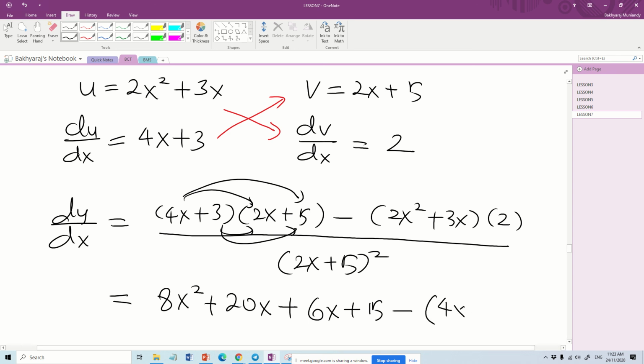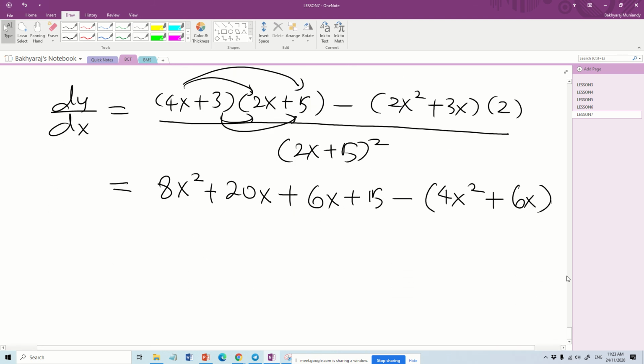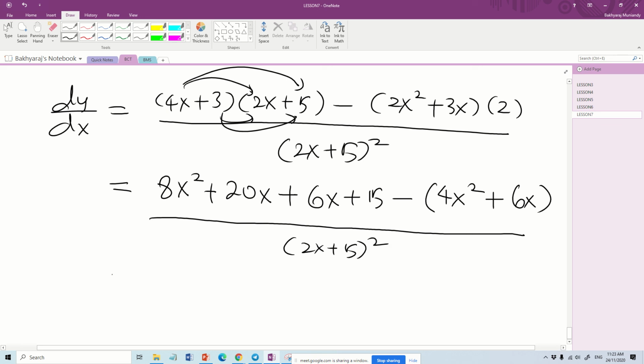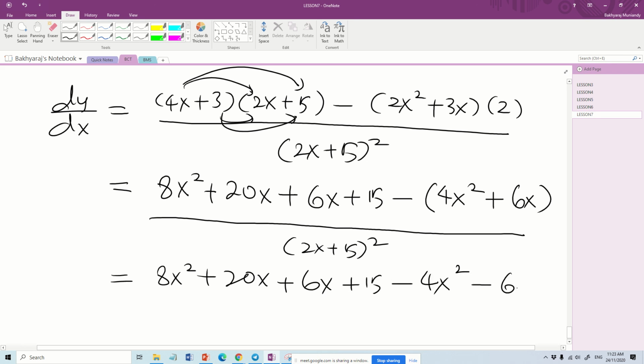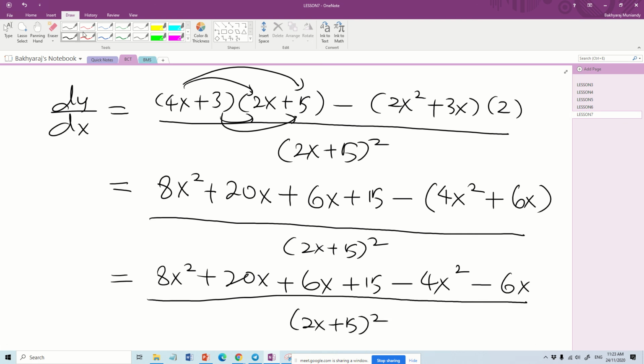This one you get 4x square plus 6x, divided by 2x plus 5 square. So I get 8x square plus 20x plus 6x plus 15 minus 4x square minus 6x divided by 2x plus 5 square.